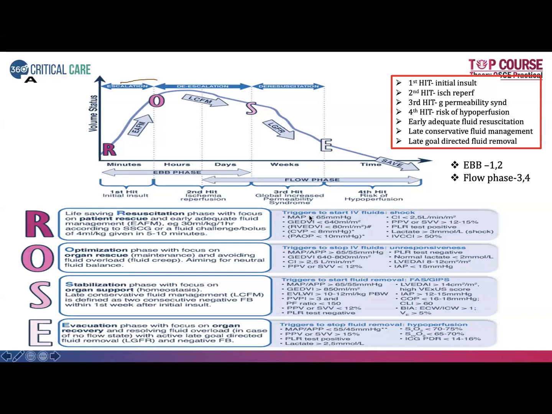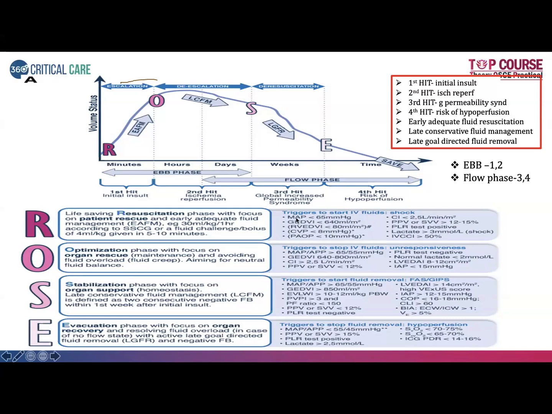What are the triggers that you are looking for? The patient will be frankly in shock. Mean arterial pressure less than 65, global end diastolic volume index less than 640, CVP less than 8, PAOP less than 10, cardiac index less than 2.5, pulse pressure variation, systolic pressure variation, stroke volume variation more than 12 to 15, PLR positive, lactate more than 3.